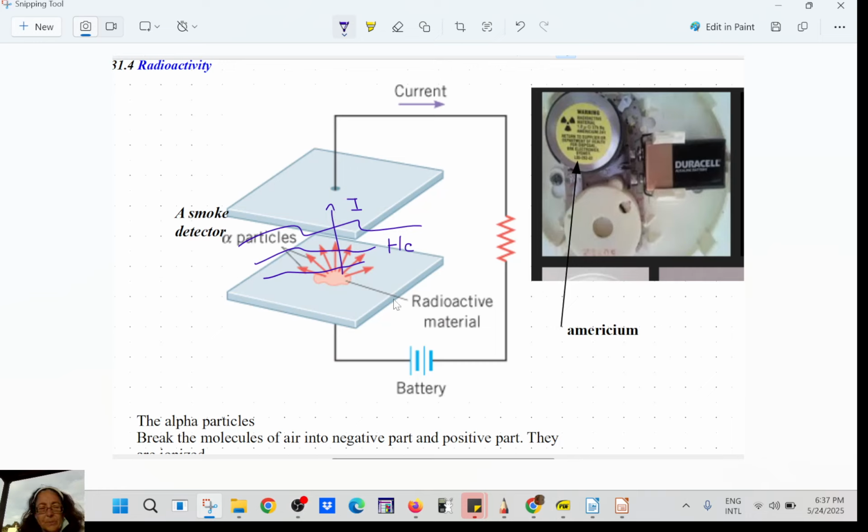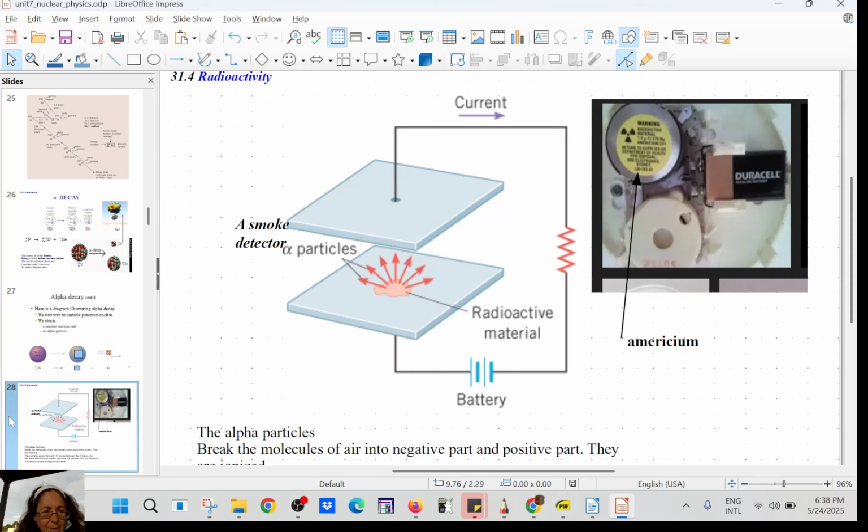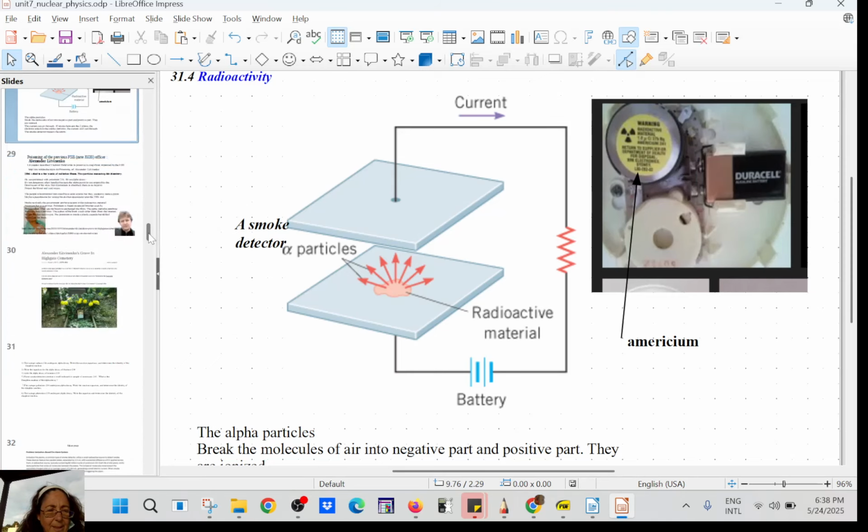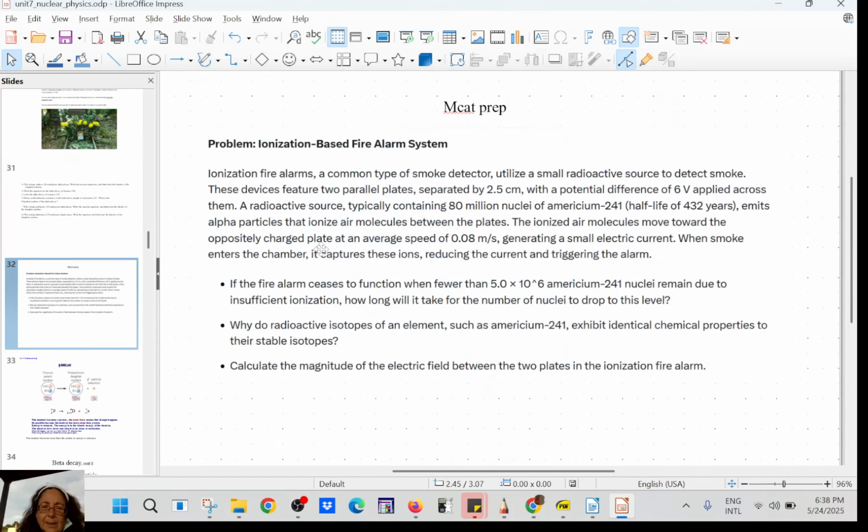Okay, so then an alarm can be set. I think that's what the problem says, right? Let's see, right? Ionized air molecules move toward the oppositely charged plate, so it's being ionized by the alpha particles, right? Because the alpha particles need electrons, so they're going to take them from the air molecules, right?